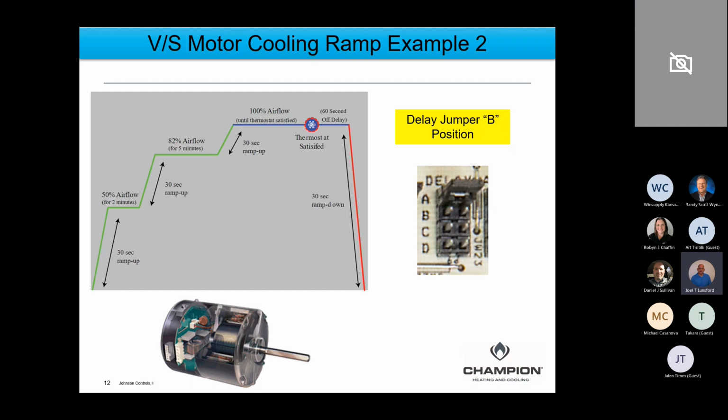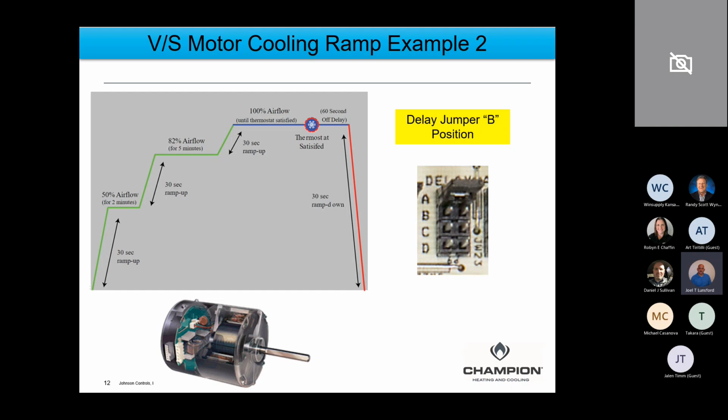So it takes 30 seconds to ramp up, and then it's going to hold 50% of its rated airflow. So if let's say I've got a 4-ton unit sitting outside, it's going to be actually blowing 2 tons of airflow, 50% airflow for 2 minutes. Well, hang on, Joel. If I got a 4-ton unit sitting outside and I'm only blowing 2 tons of air, won't that evaporator get super cold?